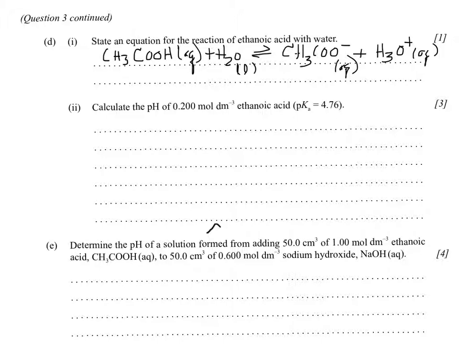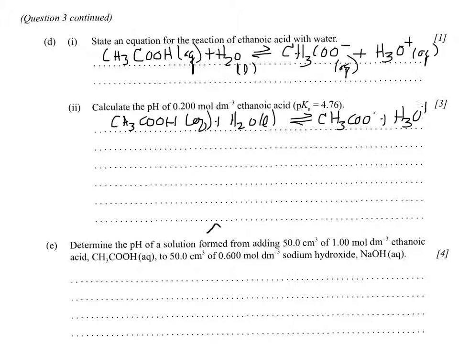All right, so calculate the pH of a 0.2 moles per decimeter cubed ethanoic acid with a pKa of 4.76. For me, this is setting up an ice table. So I would have, again, the ethanoic acid and water setting up an equilibrium with that ion and the hydronium ion.